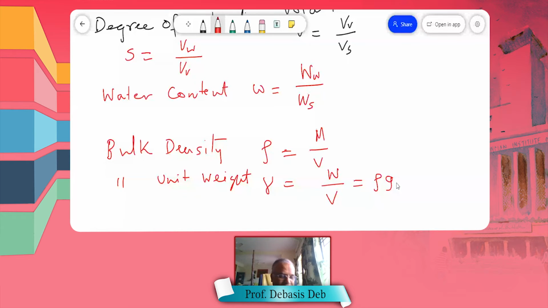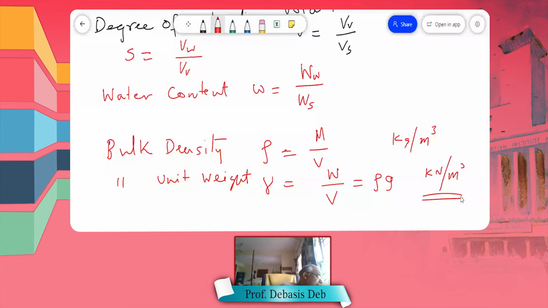Even, at least in mining, we sometimes do not express with densities so much. So we use kilonewton per meter cube as the unit we normally use, and this, as you said, is kg per meter cube. So we normally go by kilonewton per meter cube in unit weight terms.